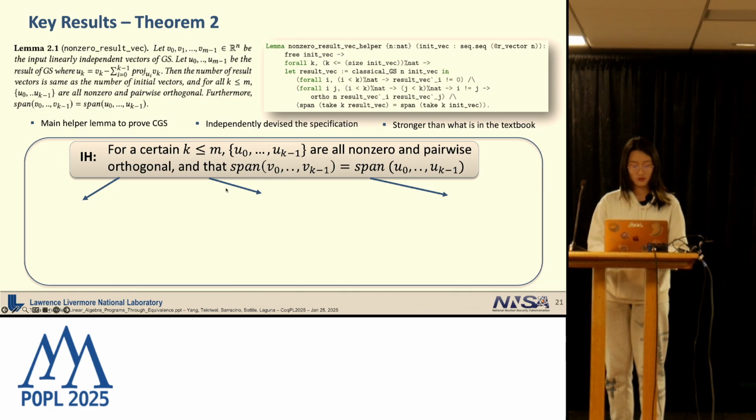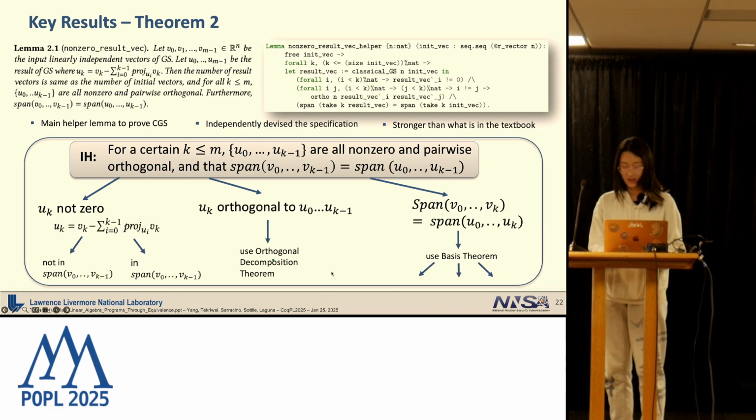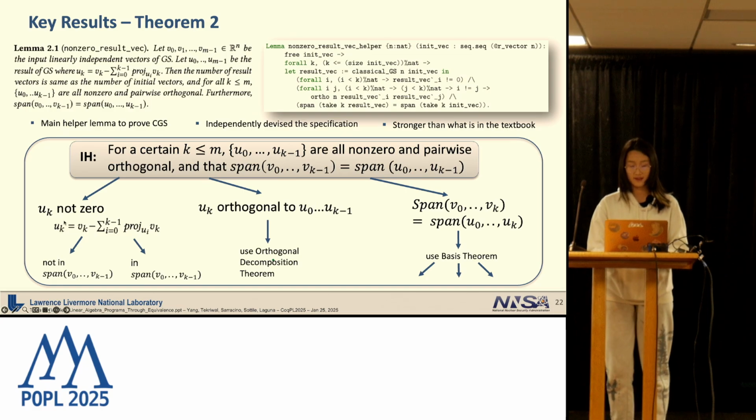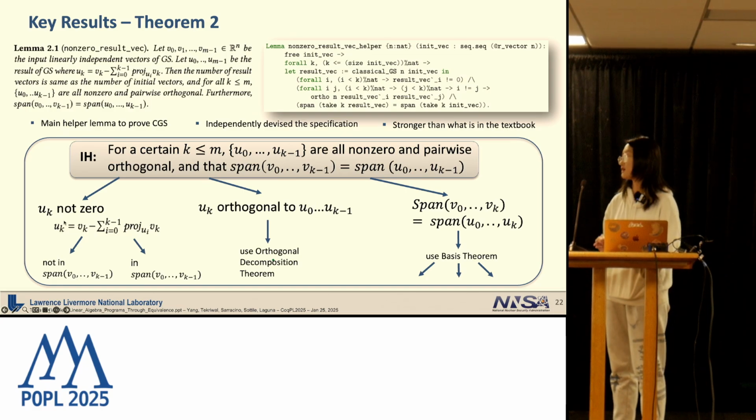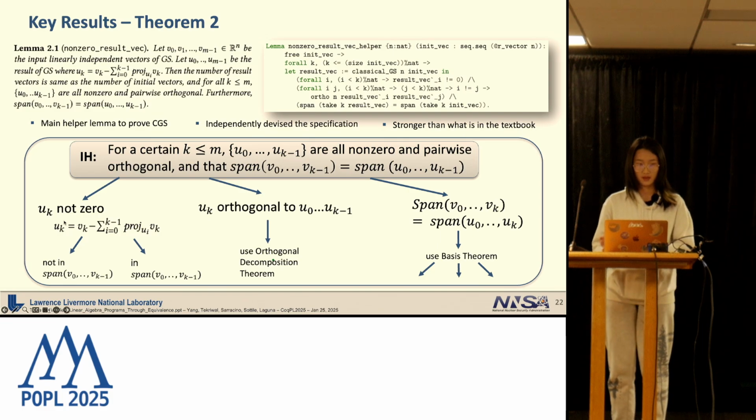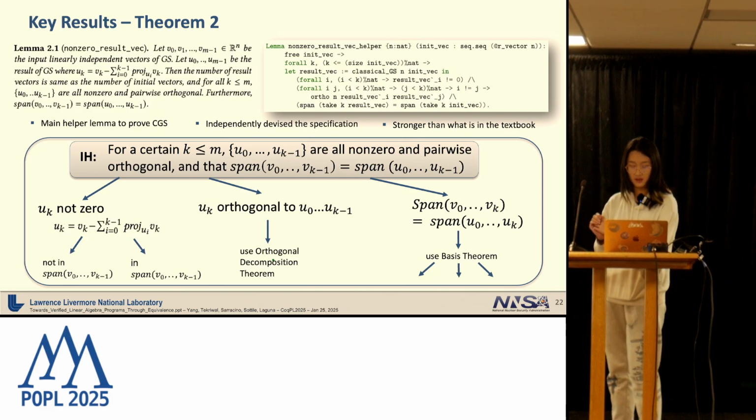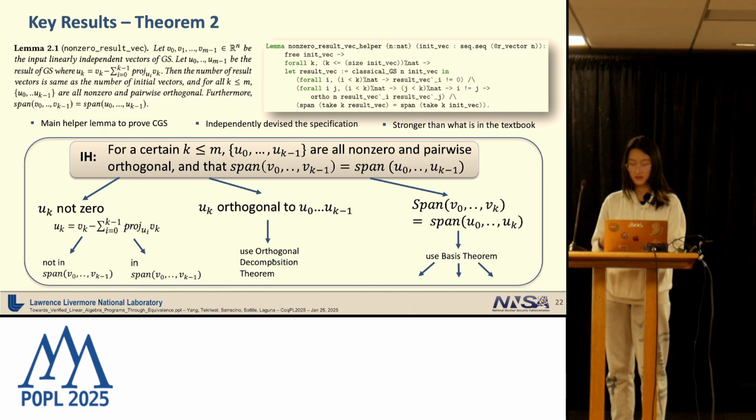So to prove this inductive goal, we have three parts that we need to prove. First is that the k plus 1 vector, meaning the uk is non-zero, and that it is orthogonal to all the previous u's, and that it spans the same subspace as the first k plus 1 vectors in the input set.